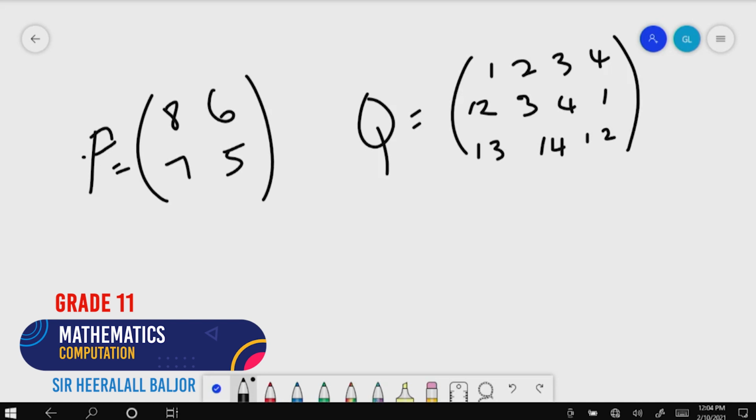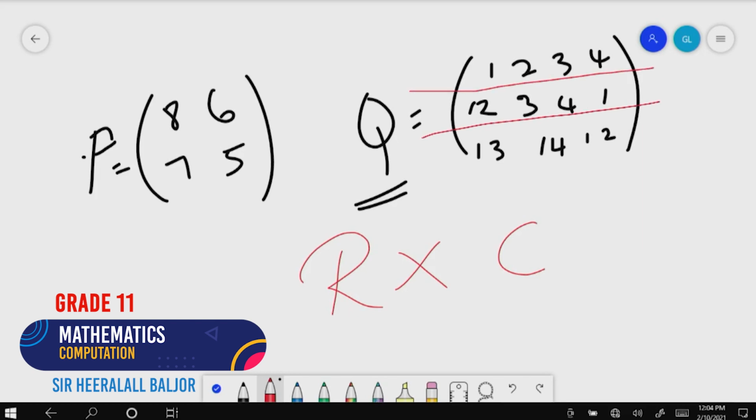They're asking us for the order of matrix Q. So we're looking at matrix Q. Now the order of a matrix is the number of rows times the number of columns. Rows are horizontally represented. So in matrix Q, we have row 1, row 2, row 3.